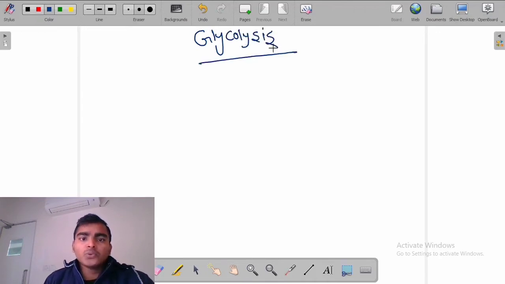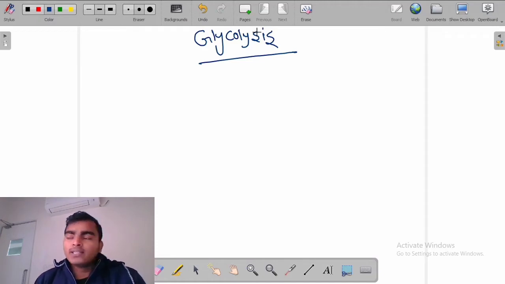First of all, you need to understand what glycolysis is. Glycolysis is a metabolic reaction in which one glucose molecule is converted into two pyruvate molecules. You know very well that glucose is a 6-carbon compound, or hexose sugar.